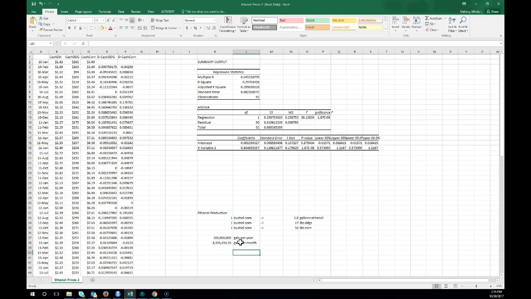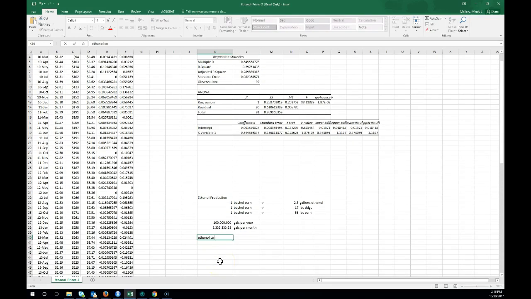Alright, so let's get that laid out here. Let's make it explicit. Okay, corn contracts to hedge corn purchase. It seems ridiculous, but for this last one it'll help. Corn contracts to hedge DDG sale.